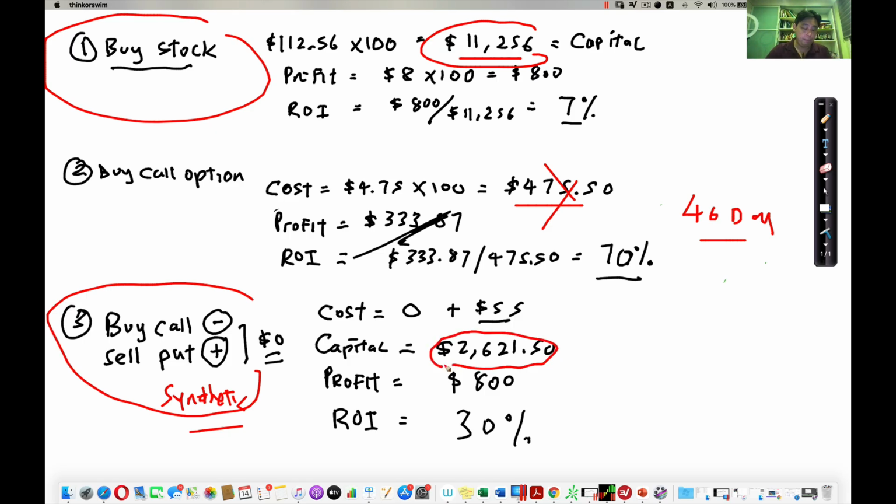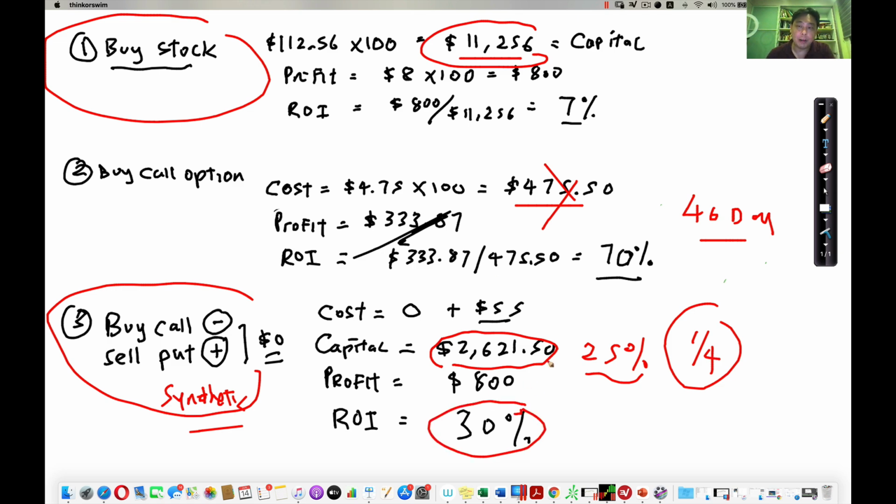Which is about 25% of the full amount. So again, like I said, you can buy 100 shares of stock at 1/4 the cost, right? That was what I told you at the beginning. And that increases your return on investment from 7% to 30%. And the best thing is there's no time decay and you don't have to worry about the options expiring worthless.